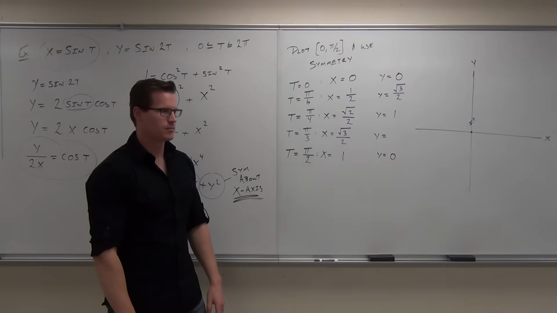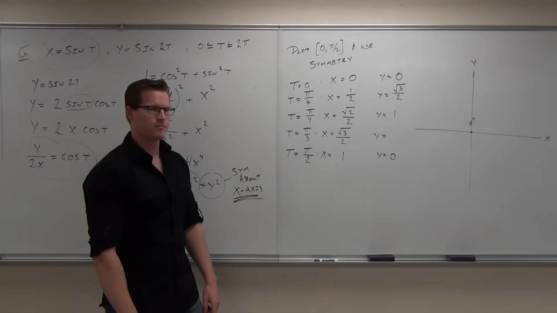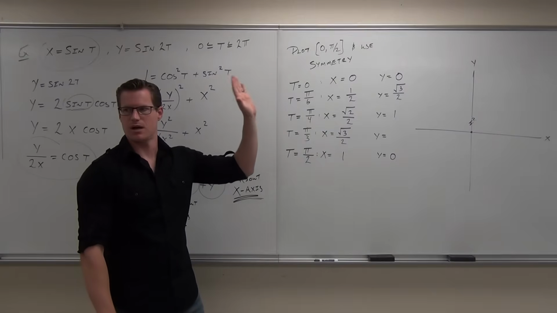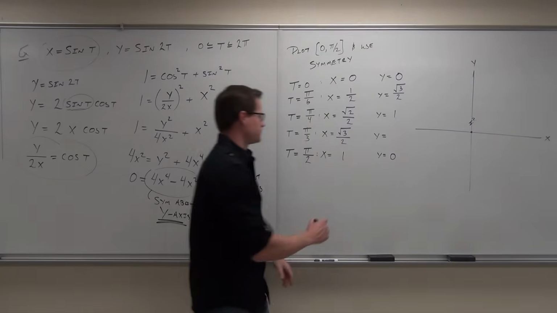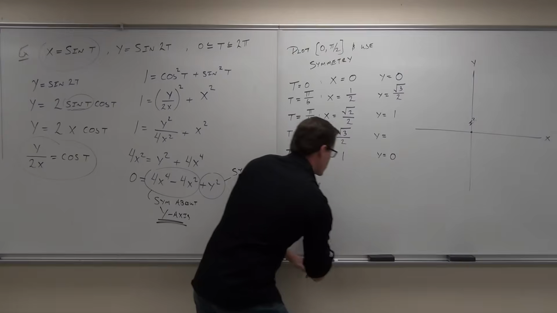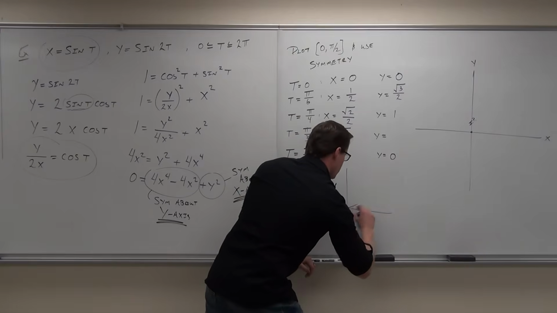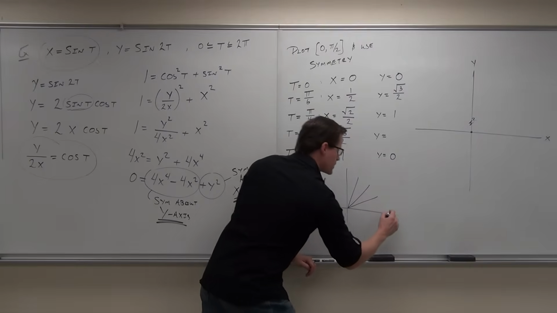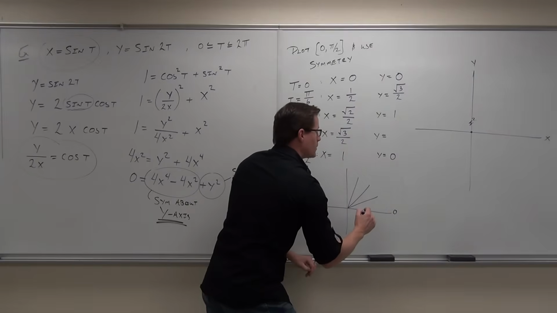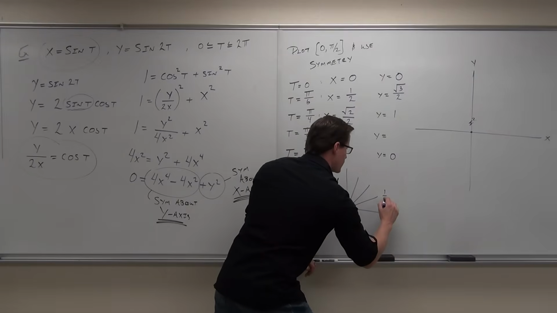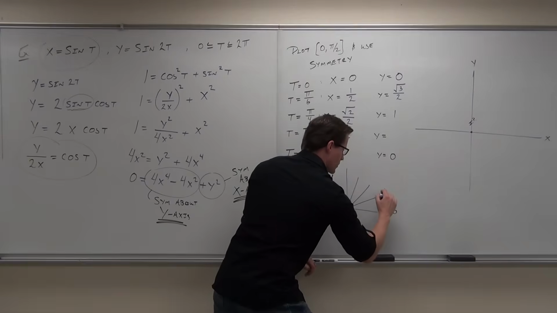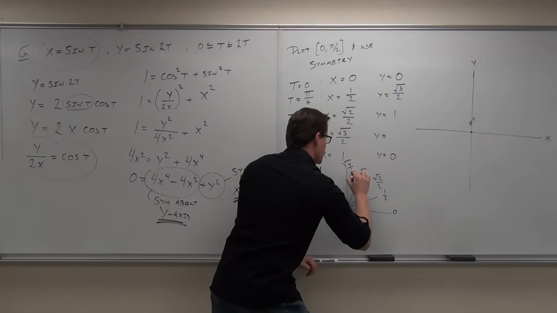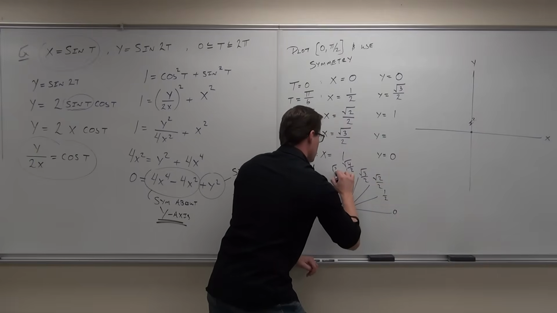Negative square root of 3 over 2? Is that positive? It's positive. Sine is positive for the first 0 to pi. So let's see, sine counts up: square root of 0 over 2, square root of 1 over 2, square root of 2 over 2, square root of 3 over 2, square root of 4 over 2, then square root of 3 over 2.